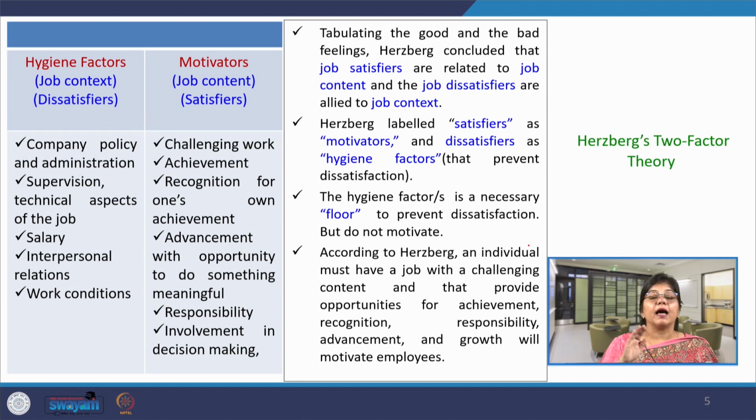So, these are the hygiene factors which prevent a person from leaving the job and just performing the job as a routine task, whereas motivators were related to the content and were more leading to satisfaction and motivation. Why?